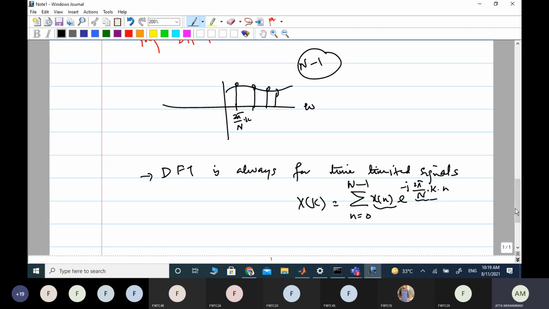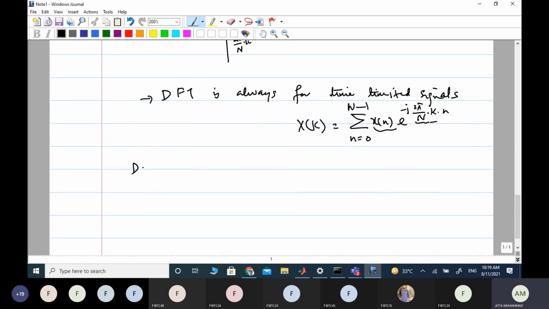Okay, now another thing is, if we compute the DFT of an x of n, we represent it with X of k. To compute the reverse, if we have the sampled frequency spectrum of a discrete time signal, then we can also compute the time domain signal.